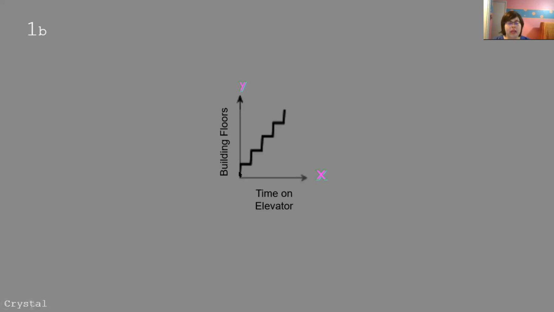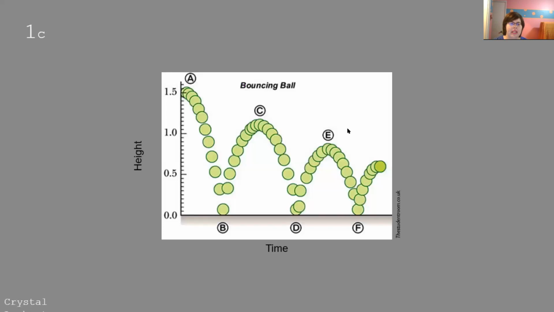Here we start off at the ground floor and we go up vertically, and then we wait for the doors to open and close, up vertically, and we open and close. And that's exactly what it's showing, going through each floor of our elevator ride to the 5th floor.